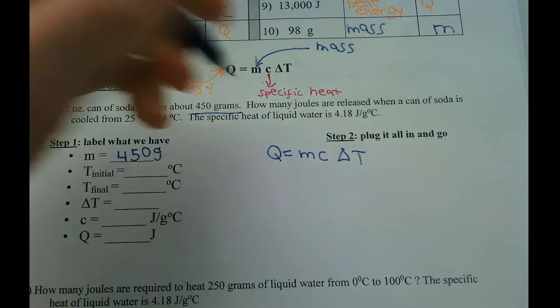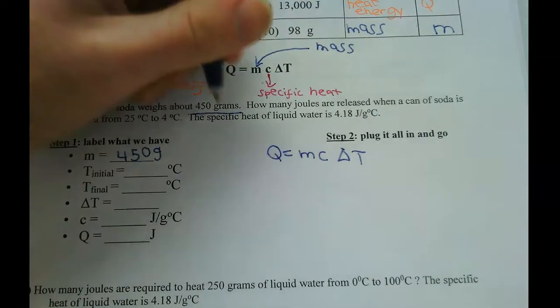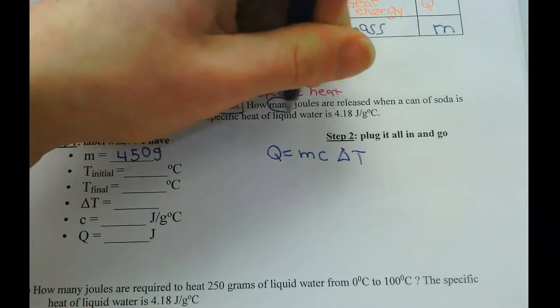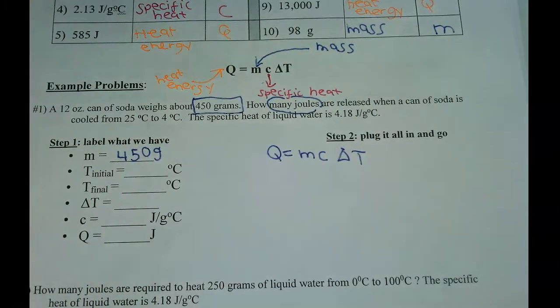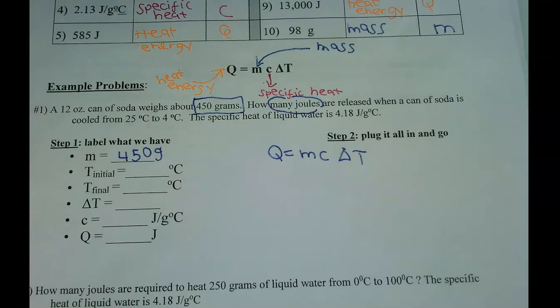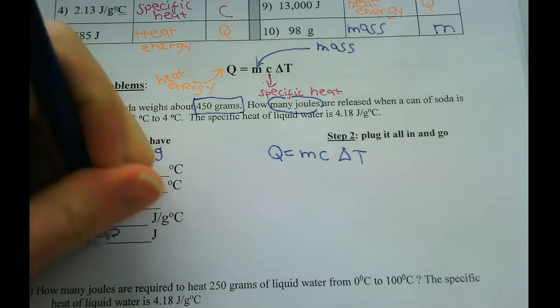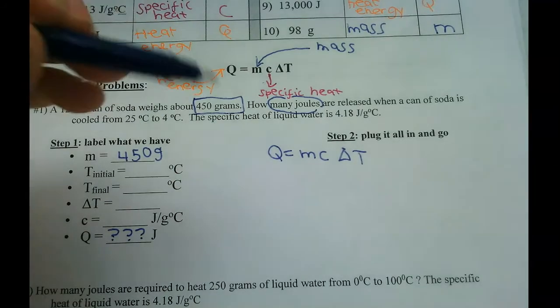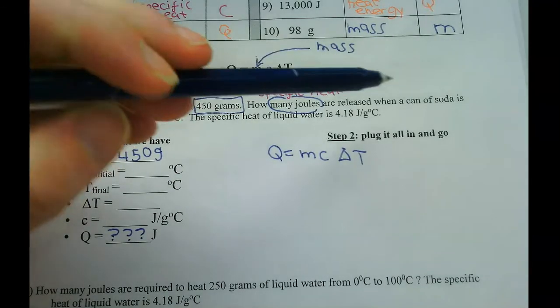How many joules? I like to still box your givens and circle your unknowns, just like we've been doing. Joules, that's heat energy. We don't know that. This is what we're looking for. It's a question mark right now. I'm going to keep reading.